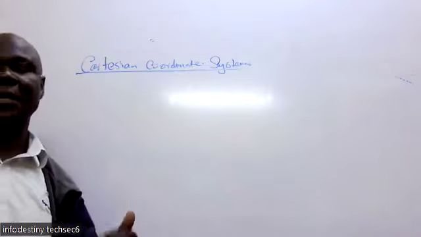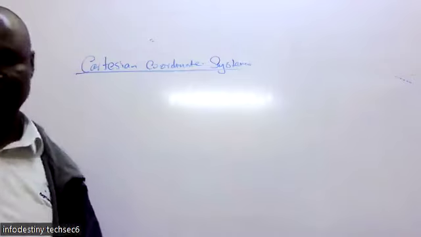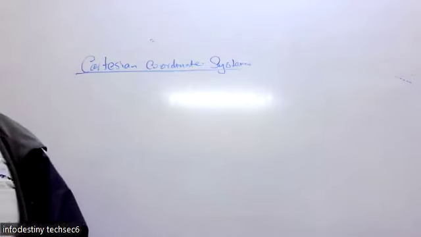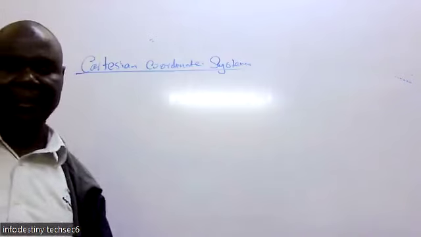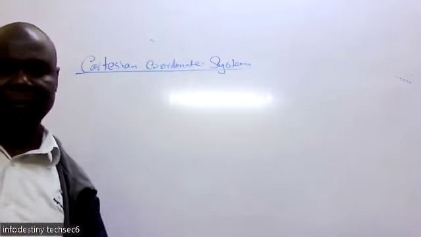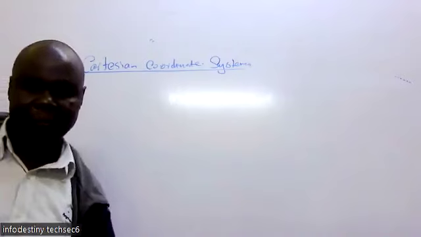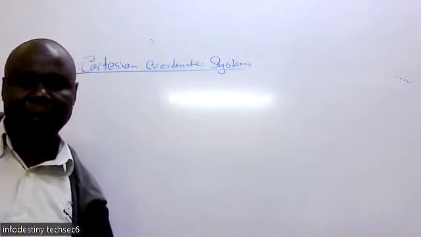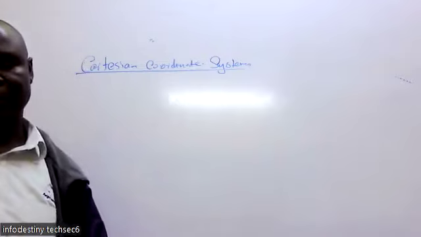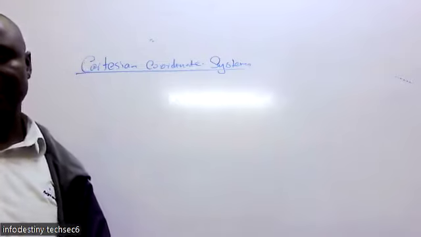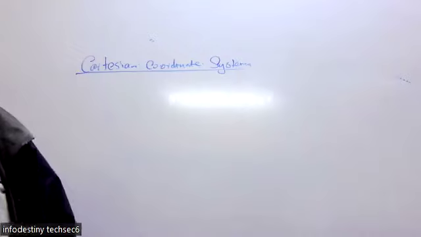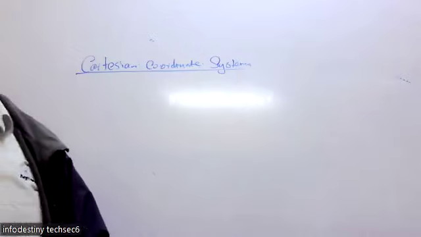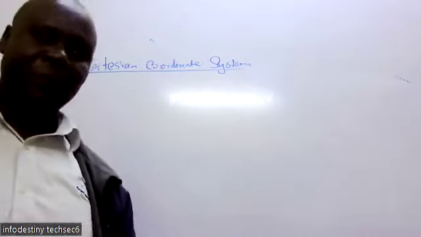So you continue by saying, the horizontal line is called the x-axis. A line perpendicular to the x-axis is drawn at a selected point.